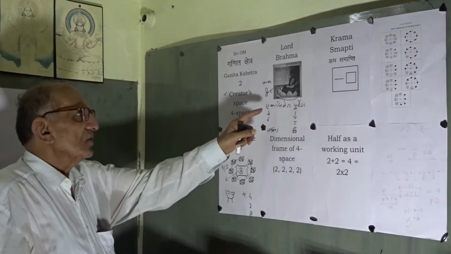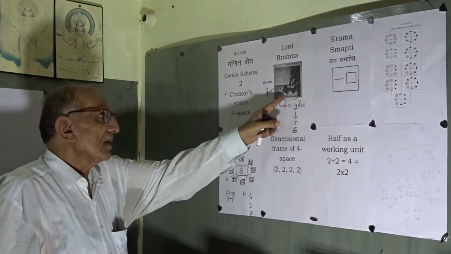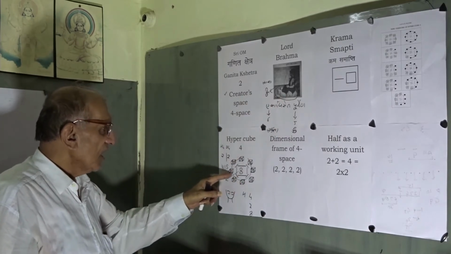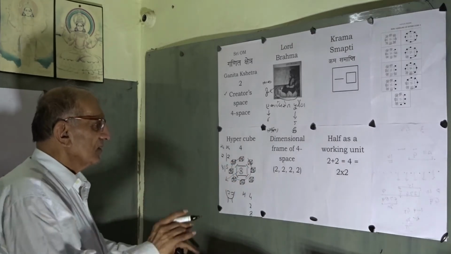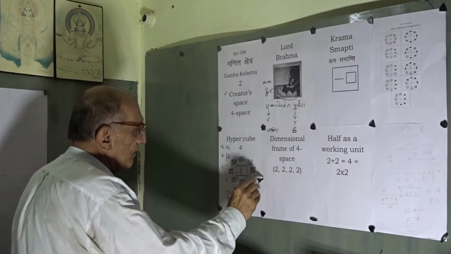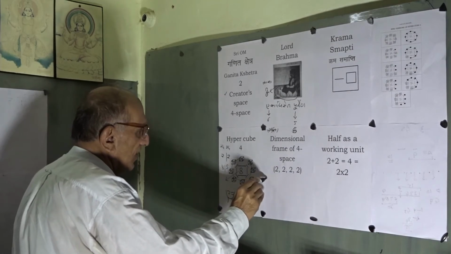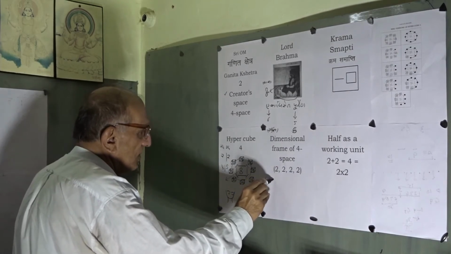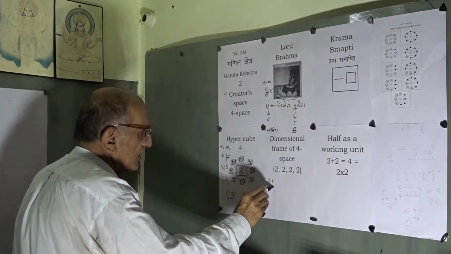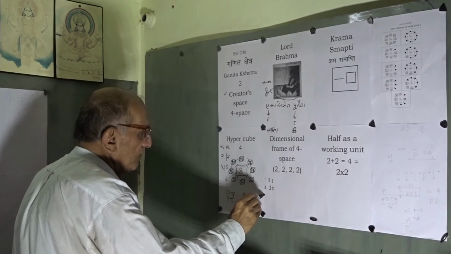Format, features and values of Lord Brahma are parallel with the format features of hypercube 4. These format features of hypercube 4 prominently are: number 1, a 2 space is playing the role of a dimension. Second, 3 space is playing the role of a boundary.